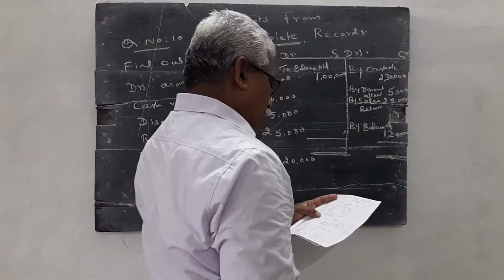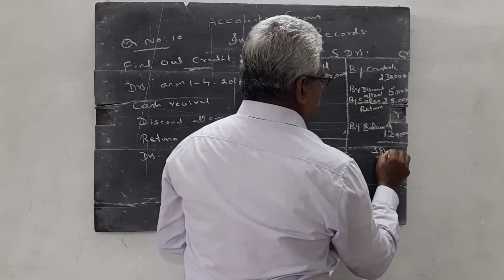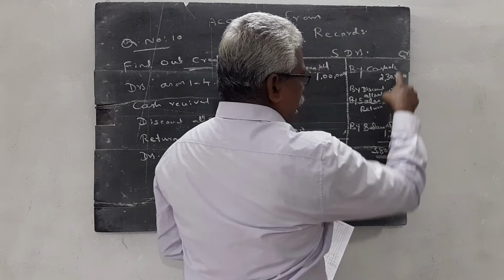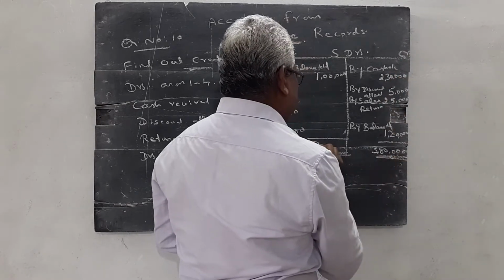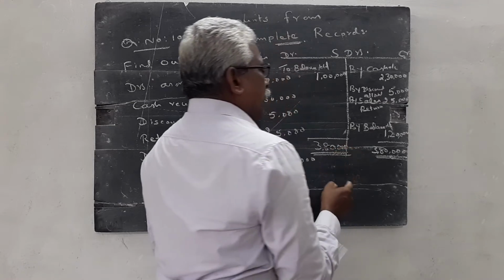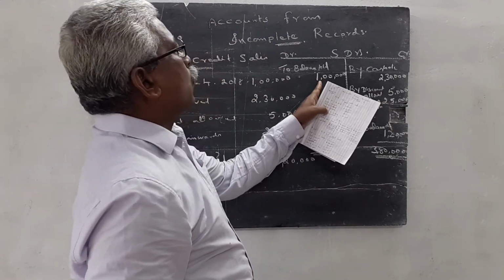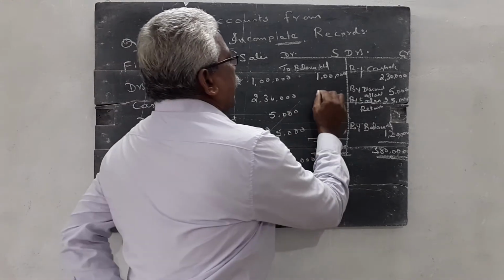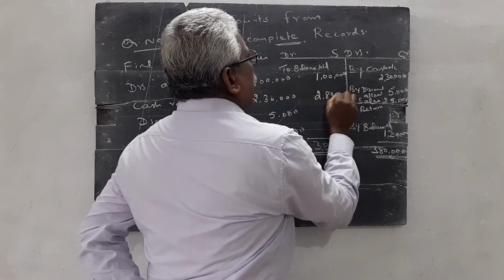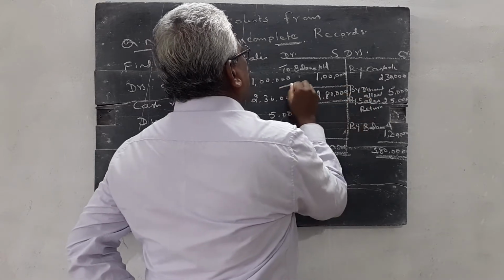The total amount is 3,80,000. This total is entered in the credit side as well as the debit side. 3,80,000. The difference between 3,80,000 and 1 lakh is equal to 2,80,000. This 2,80,000 is considered as the answer. This is the credit sales.